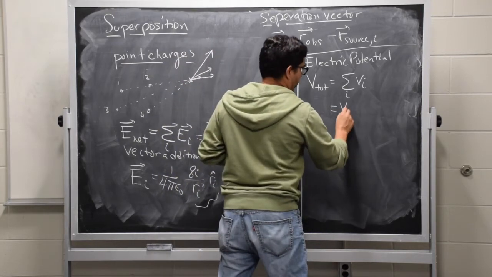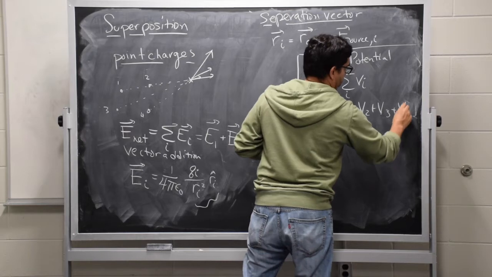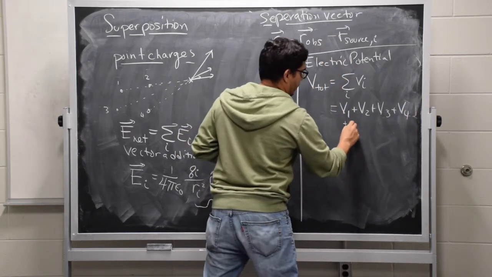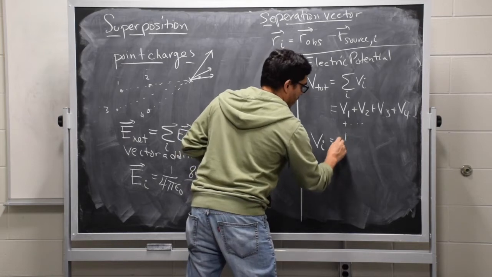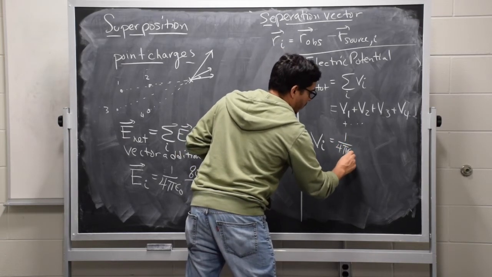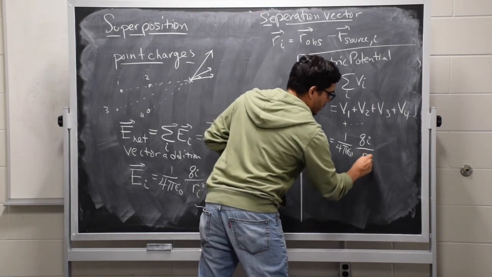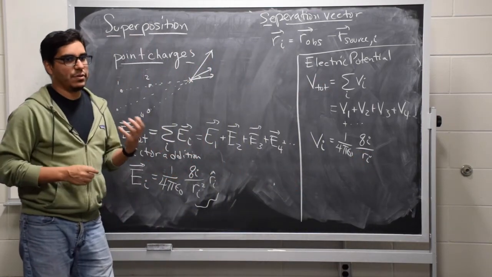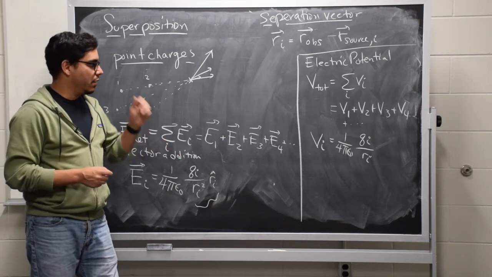And that's just scalar addition. So V1 plus V2 plus V3 plus V4 plus any more. But remember that each individual one, again, will have 1 over 4 pi epsilon naught, the charge of that individual one, times the separation vector for that particular charge and the observation location that they all share.